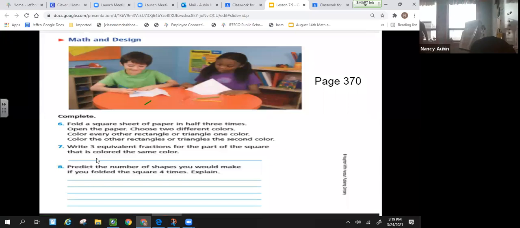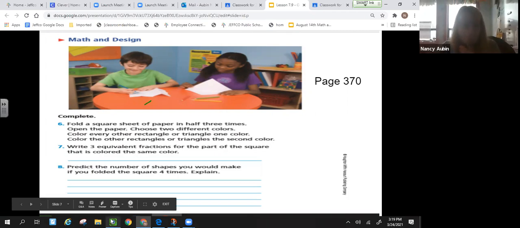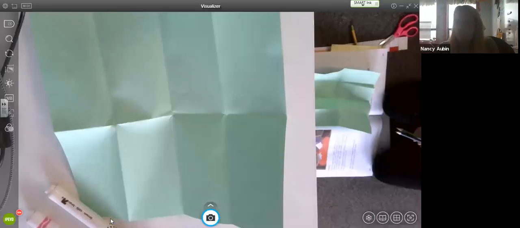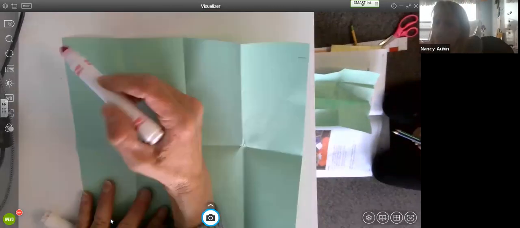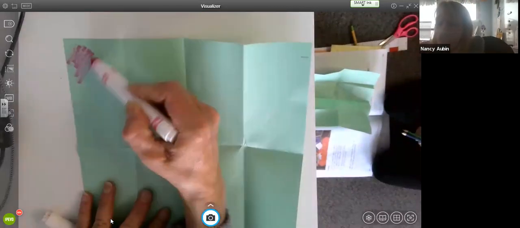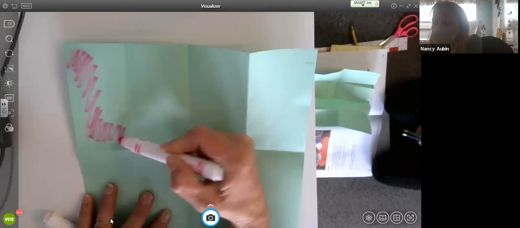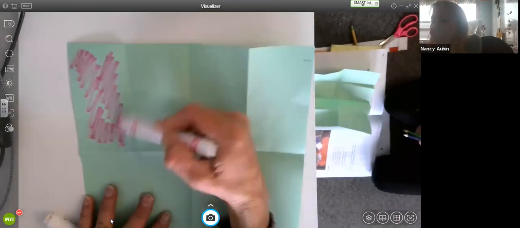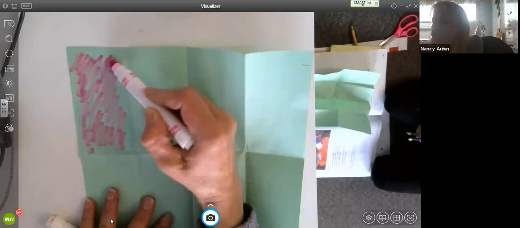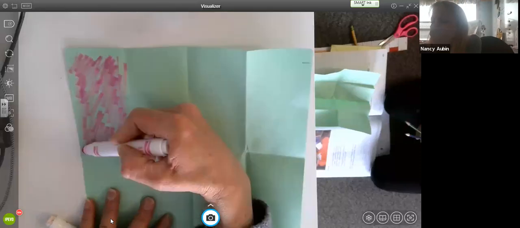So you're going to open it up and then think of it like a quilt. I'm going to pick pink and brown. So when I say every other rectangle, watch. It does not have to be fancy, August. Every other one. So I did that quick, right?